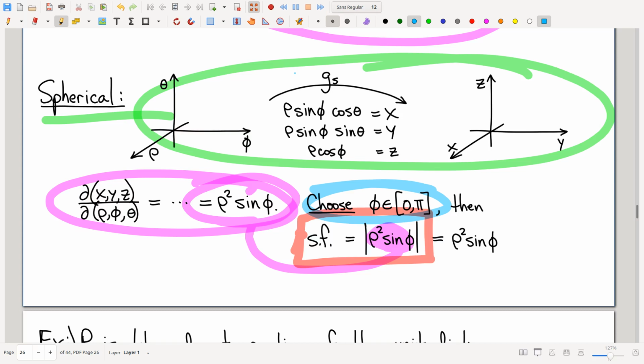Would that affect whether or not this expression is positive or negative? No, not at all. That's not even the issue. Rho is being squared. Rho can be as negative as it wants to be. It doesn't matter. What we need to worry about is sine phi. That's the thing that may make this negative. So we're going to choose phi to be between 0 and pi so that sine phi will never be negative. And that's what allows us to get rid of those absolute values.